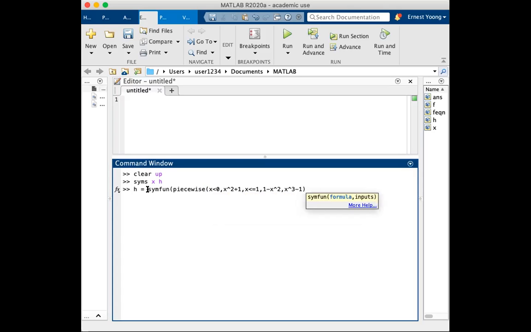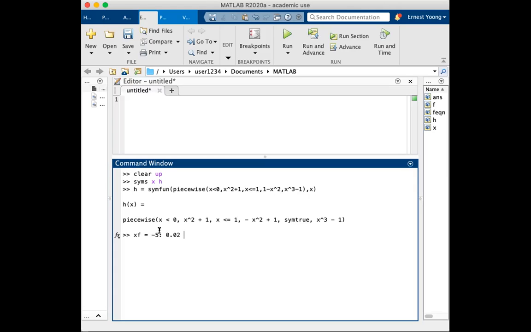And remember, when we have this command, we need to put a comma and then the variable, which is x. So we have h(x), a function of h in terms of x. Then we have another, and let's say xf is equal to... this is for me to write down the range of the function: -5, 0.02, 5.